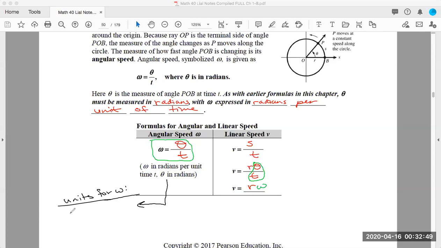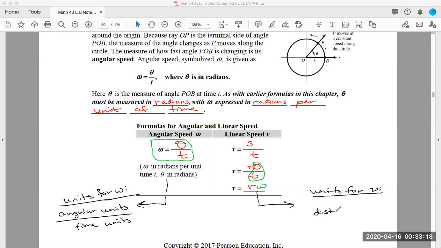It's going to be angular units over time units, as we discussed previously, and units for speed V, linear speed, will be distance units over time units.